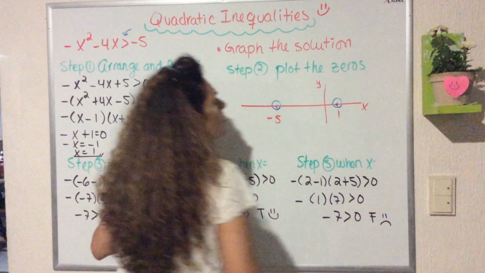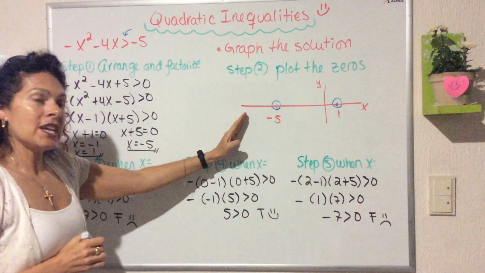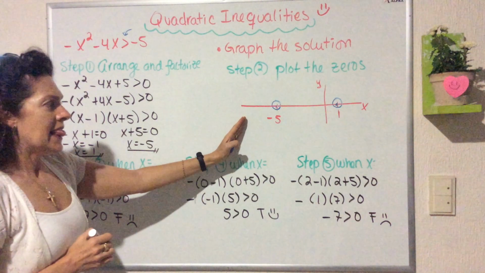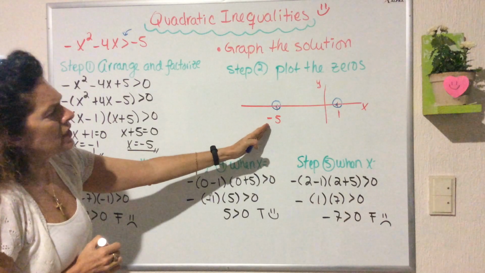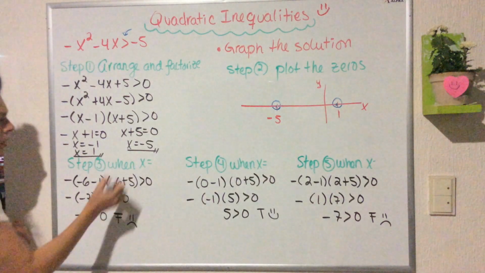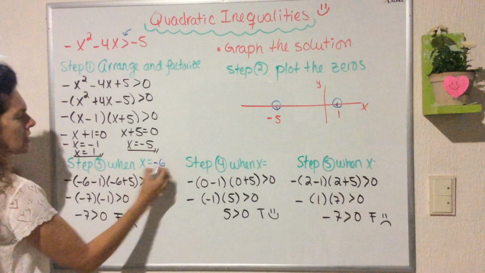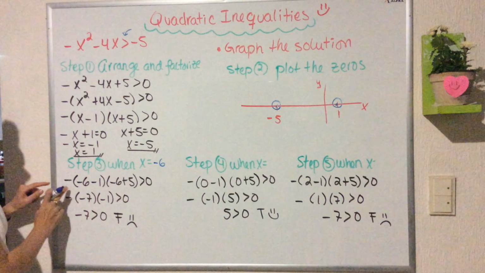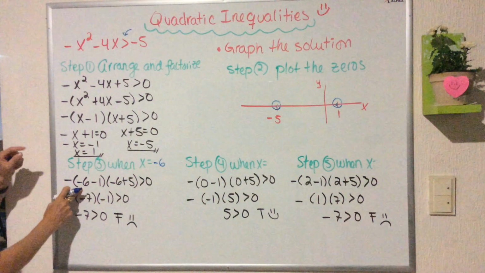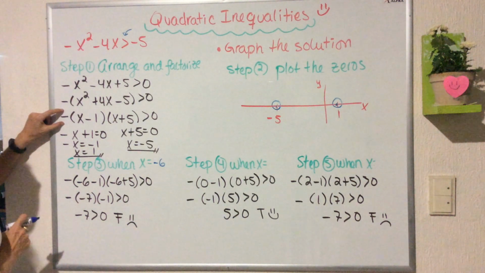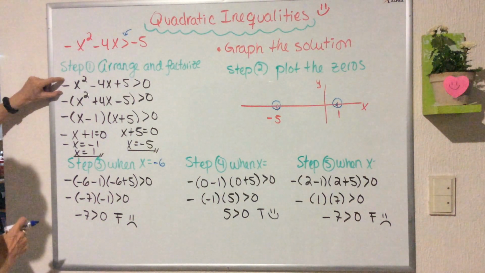Okay, good. Now, we're going to start checking for numbers which are less than the smallest root, which is minus 5. I think we can take minus 6. So, when x equals minus 6, we substitute, instead of x, we write minus 6. Remember that you can take the factorized form or the original one, okay?